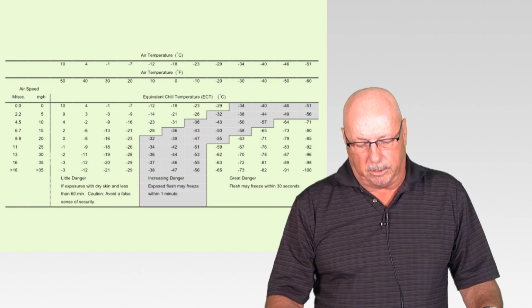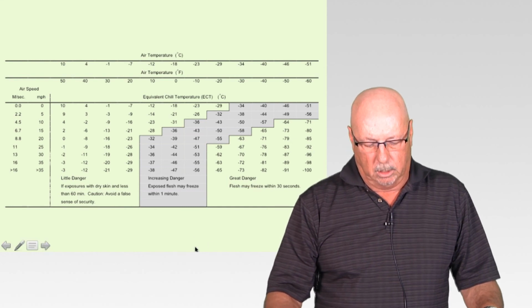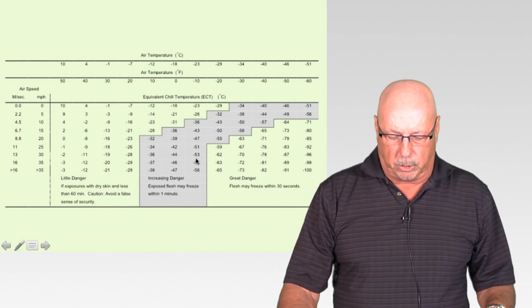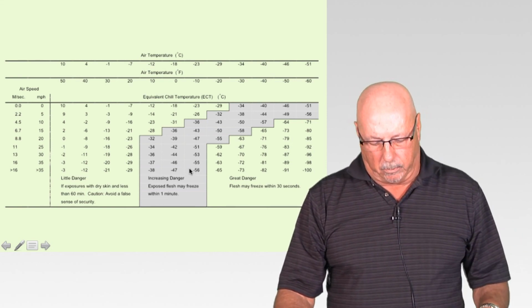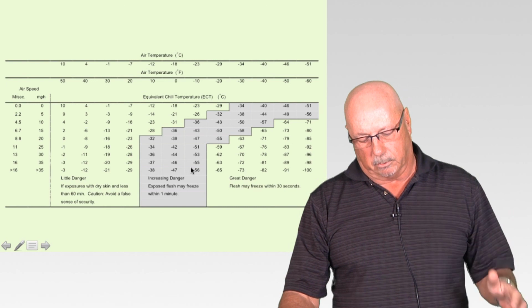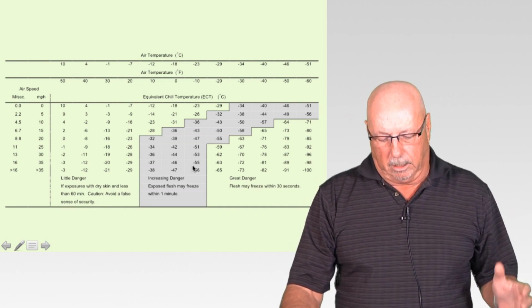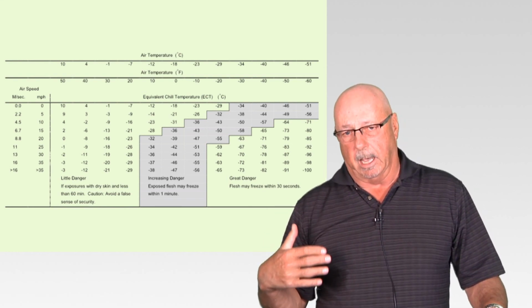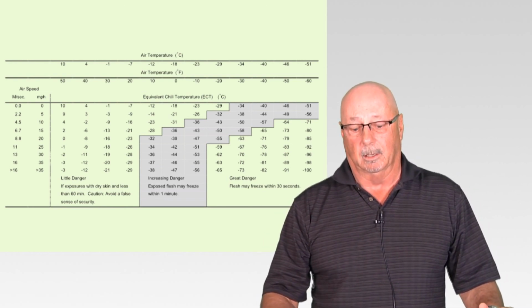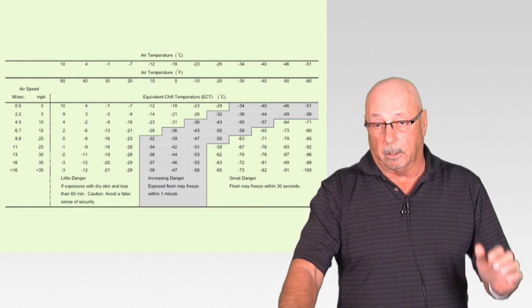But as we go on into the second quadrant here, which is in the purple shading, if our wind chill factor falls into this category, then the danger is increased. Anytime you have exposed flesh, it could freeze and damage could begin to occur within a minute or so.